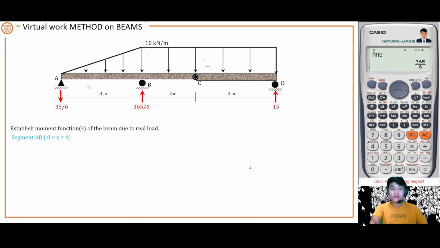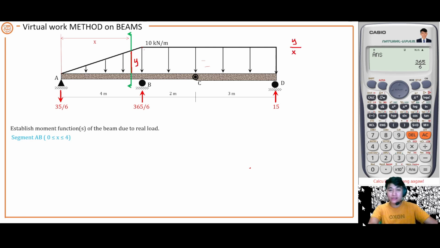For A to B, let's introduce a cutting section. That cutting section is at a distance x from the leftmost part of your beam, and your cutting section will move from 0 to 4. We don't have the specific intensity of that load, so we have to identify the intensity. Let's say this is y. We solve y in terms of x.